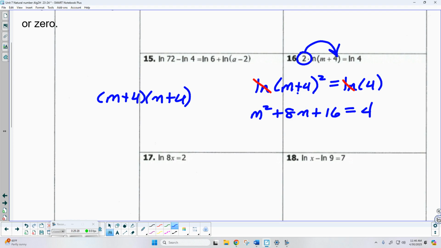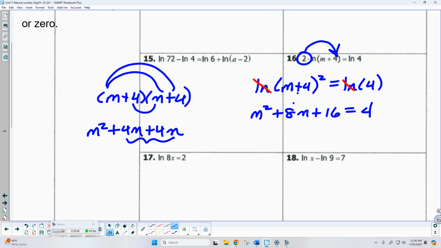So let's multiply the first. m times m is m squared. 4 times m, that's 4m, that's the outside. Now when I multiply the inside, that's an additional 4m, and together that's where I get the 8m. And then when I multiply the last, that's where I get my 16. Also, it has been an incredibly long time since we looked at this. Does anybody remember the rhyme?